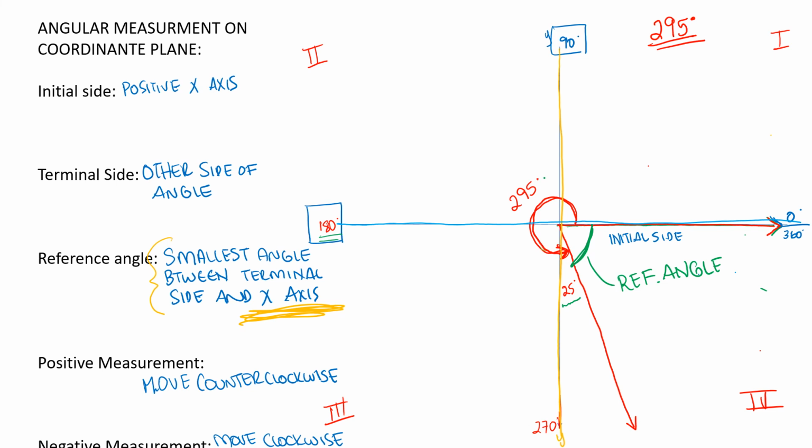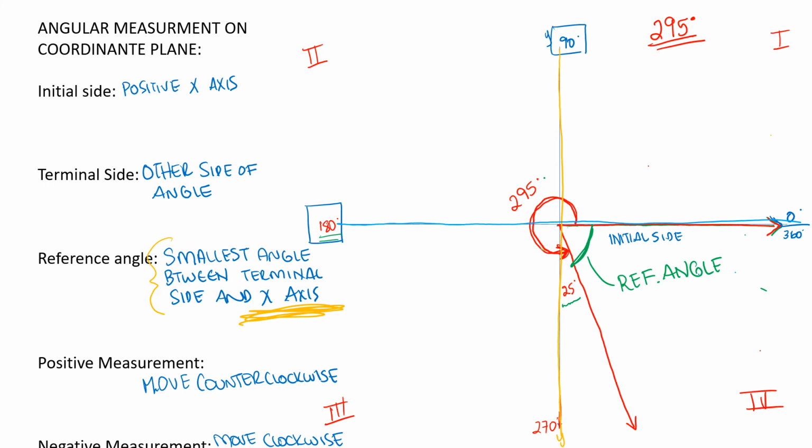So I am looking for the angle that has a 30-degree reference angle. So one way to think about that would be initial side's right here, and then I want to make a 30-degree angle with the x-axis right here. I want this to be 30 degrees. And then I'm trying to figure out what's the measurement of this whole angle.